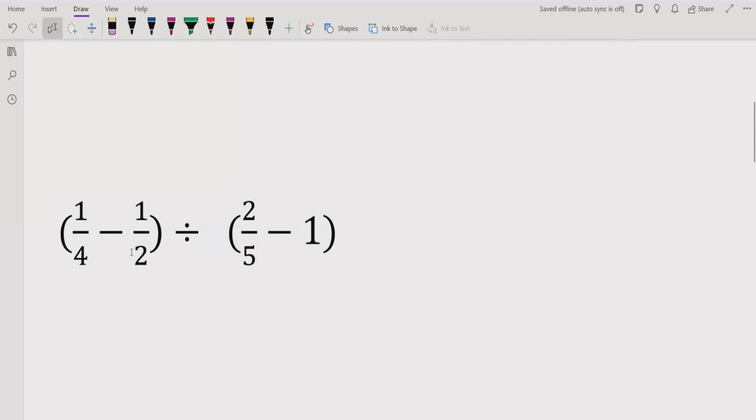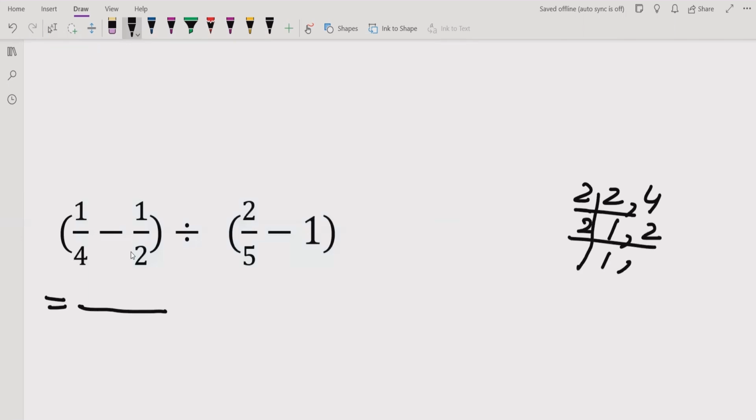So here we will take the LCM of 4 and 2. If you take the LCM, you can write 2, 4. 2 ones are 2 and 2 twos are 4, 2 ones are 2 and 2 ones are 2.